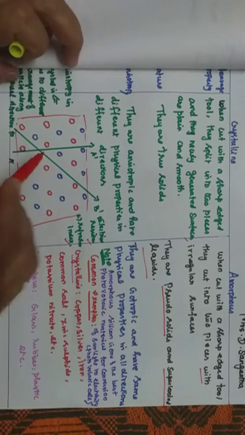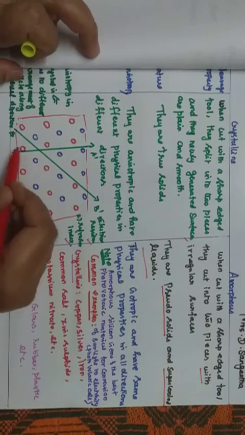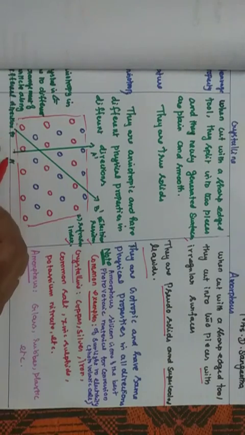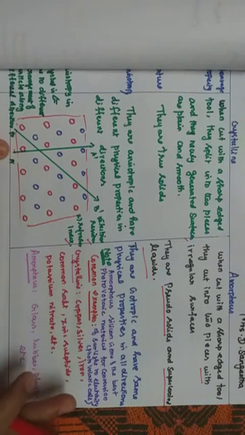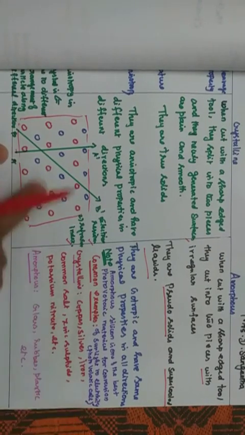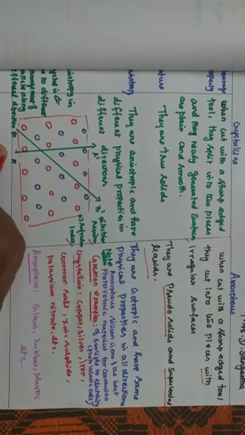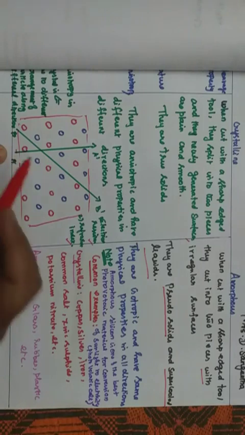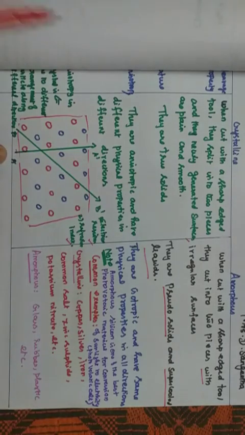In this ordered arrangement, suppose I am measuring the property in this direction, the direction of A dash. B dash is another direction. Suppose I am measuring a physical property like electrical resistance or refractive index in the direction of A dash. I am going to get some value, that is a magnitude.